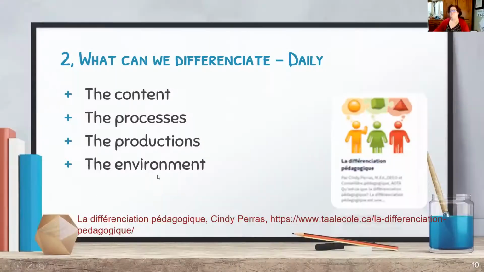If we continue, what can we differentiate? On a daily basis, there are 4 things that we can actually think about differentiating. We can differentiate with regards to the content itself.